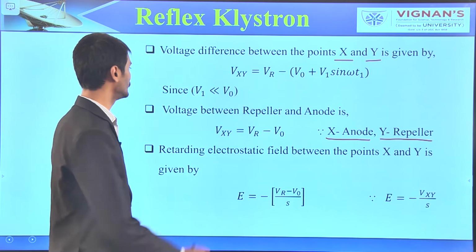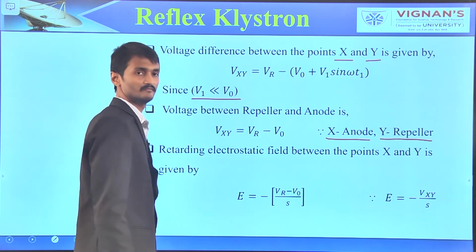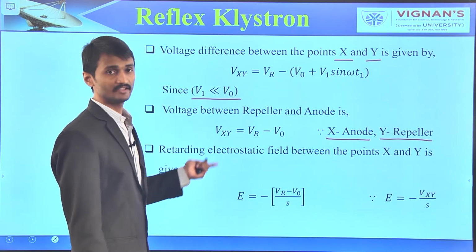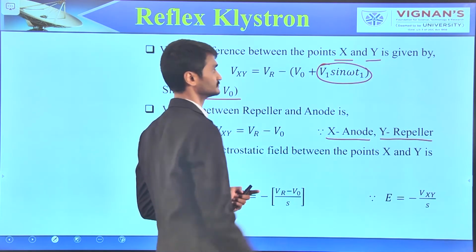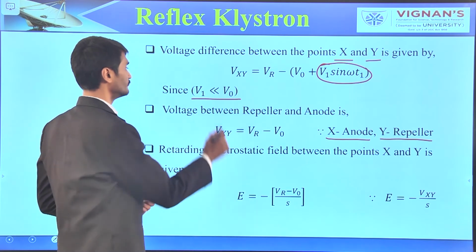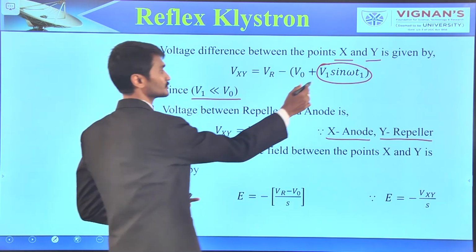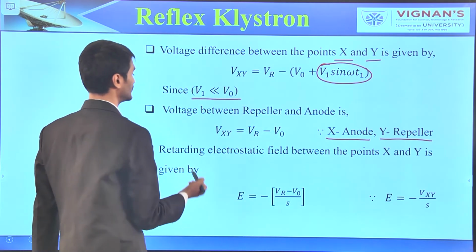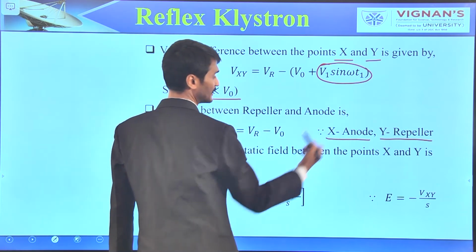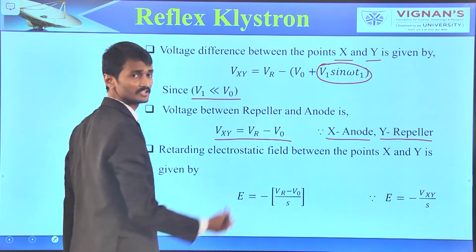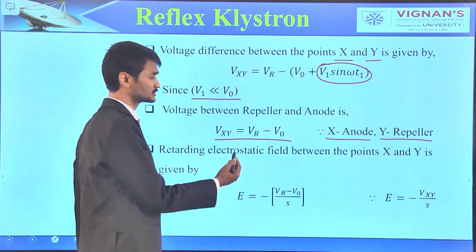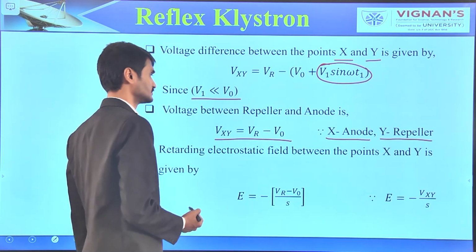Here also V1 is far less than V naught, so it can be neglected. So the voltage difference between repeller and anode is Vxy equals Vr minus V naught only.